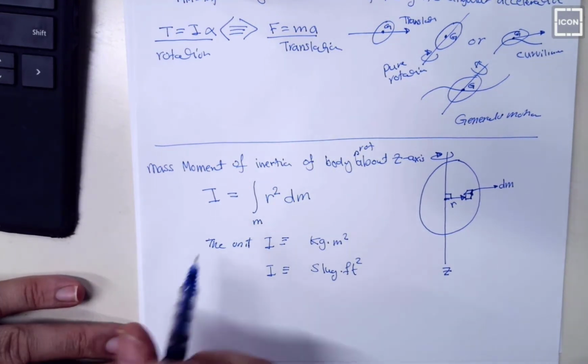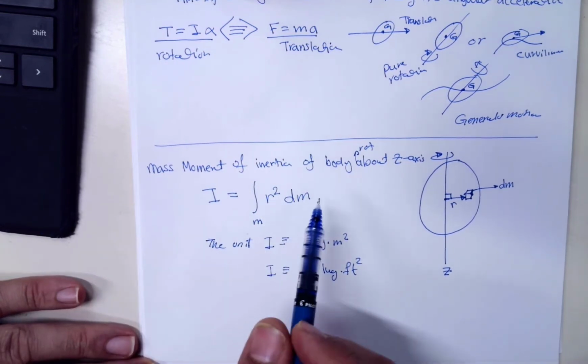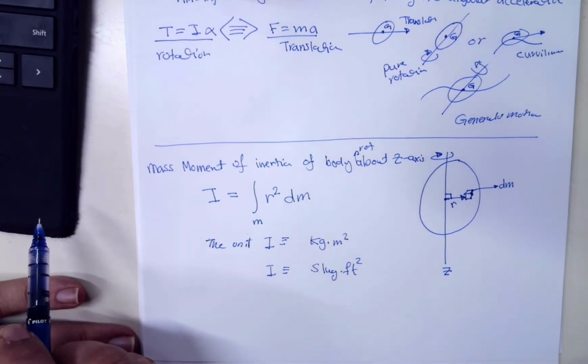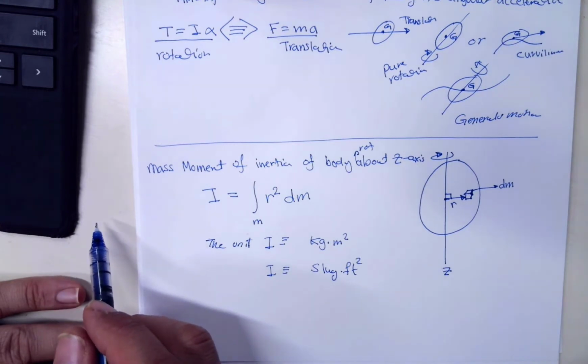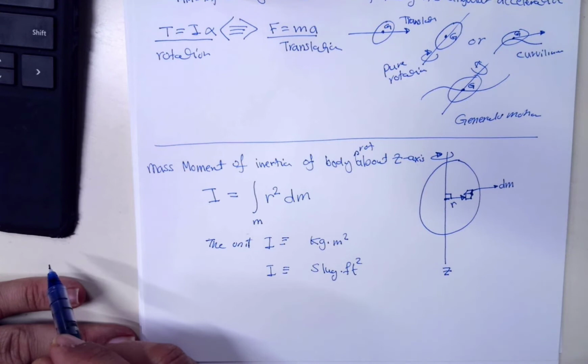Now, the mass moment of inertia is similar to the area moment of inertia, where the parallel axis theorem and radius of gyration have the same definition, except that we replace the area with the mass.